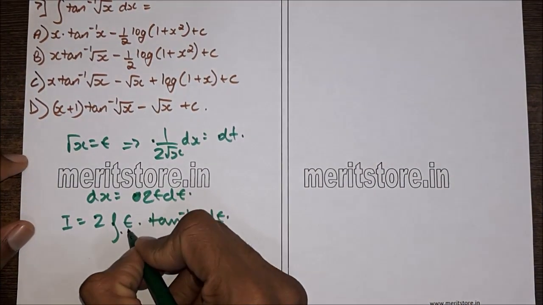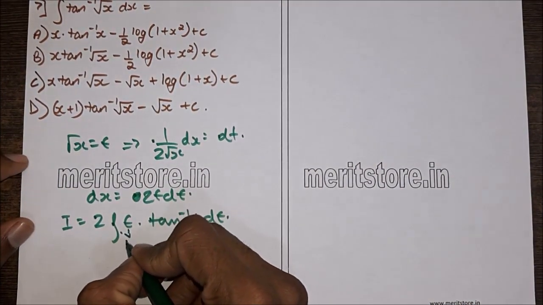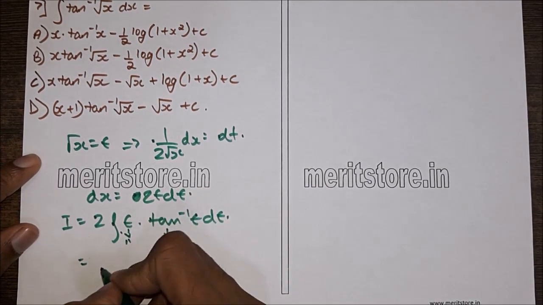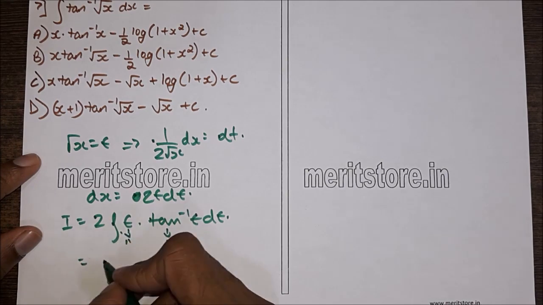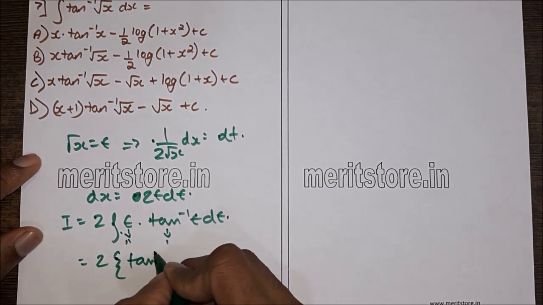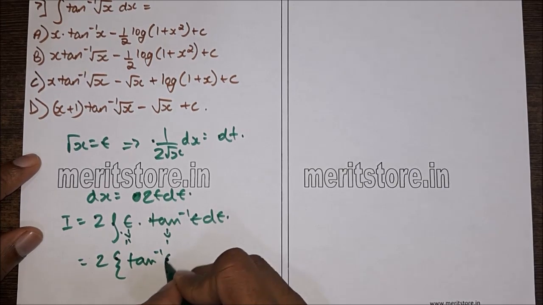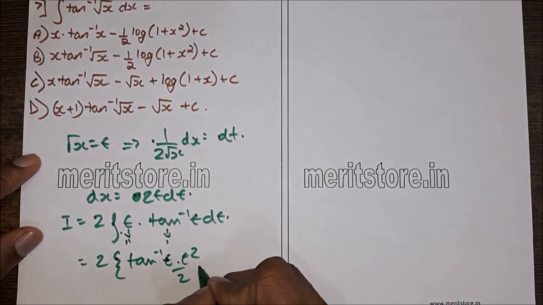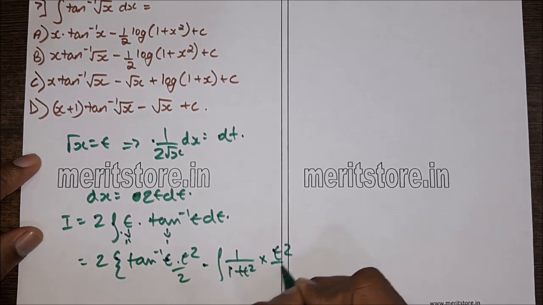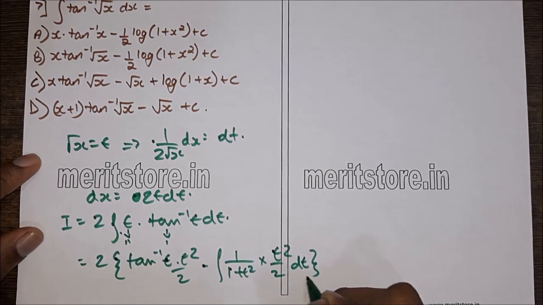So we integrate, we take tan inverse as first part and t as second part. Using u into v, we get 2 bracket tan inverse t into t square by 2 minus integral 1 upon 1 plus t square into t square by 2 dt.